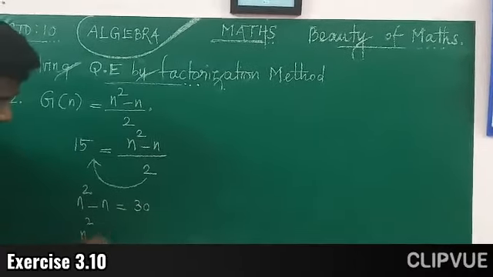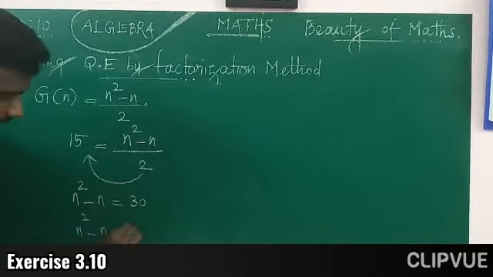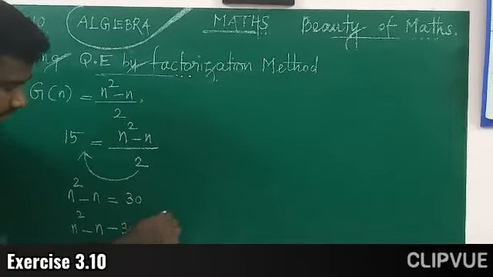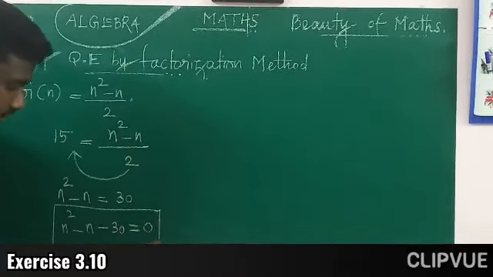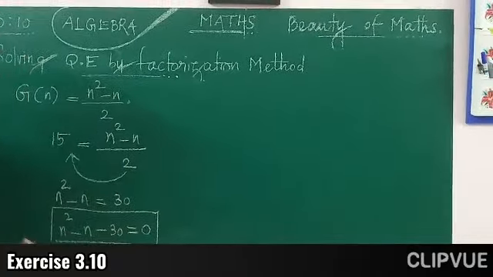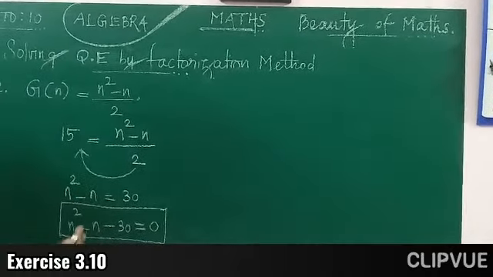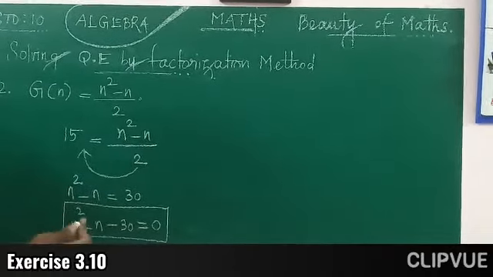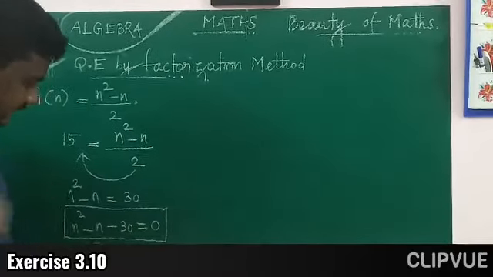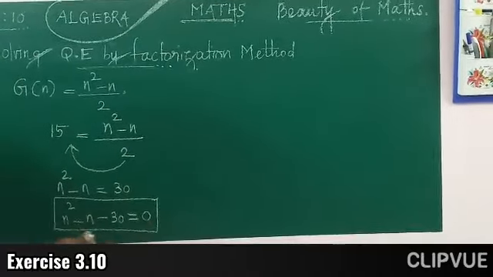So n square minus n minus 30 is equal to 0. The value of n will be the number of teams in the league. How many teams are participating? It is very easy, in the form of a quadratic equation.